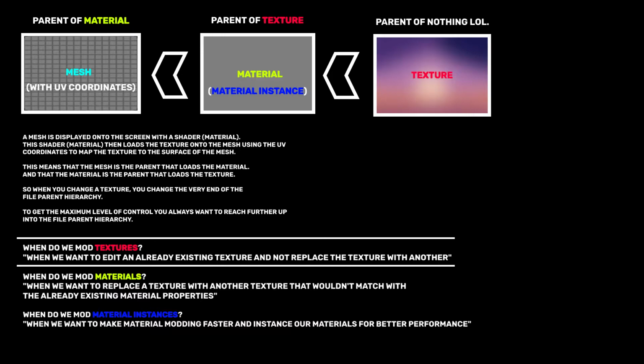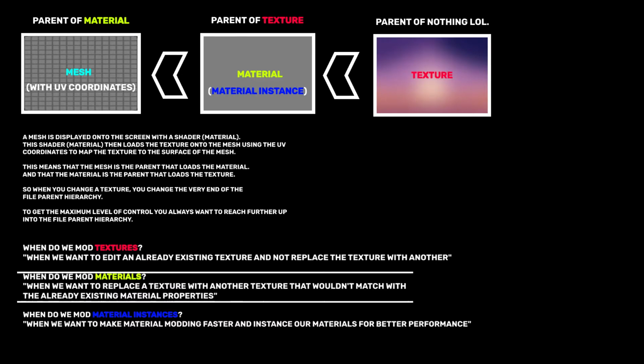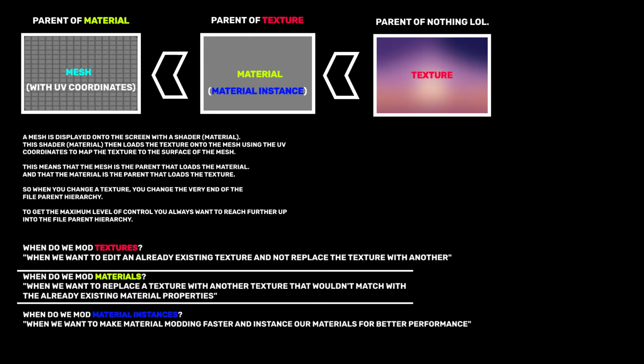Well, let's say you have a brick texture, and all you want to do is change the color of it, or add some graffiti to that brick. Then you want to mod the texture. But if you want to replace that brick with a whole different texture, then you do not want to mod textures. That's when we go to modding the material itself.